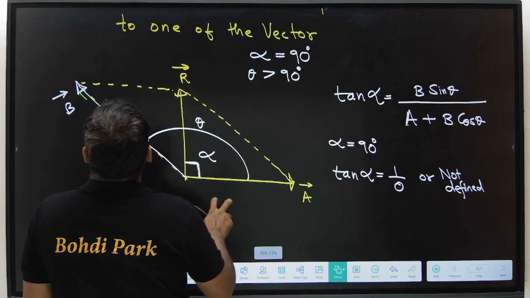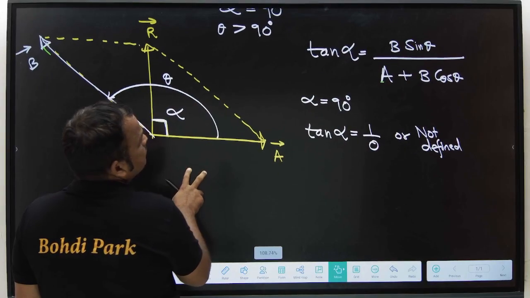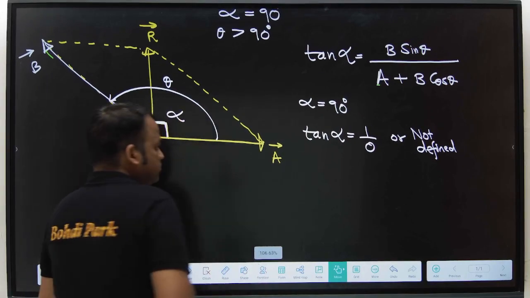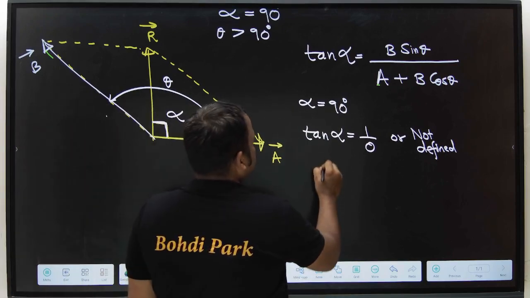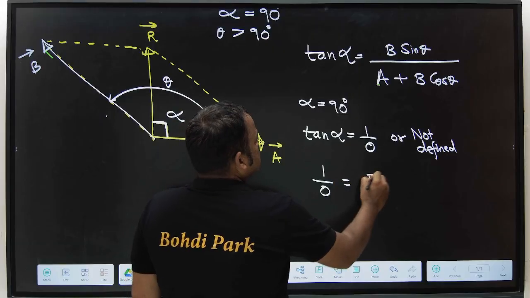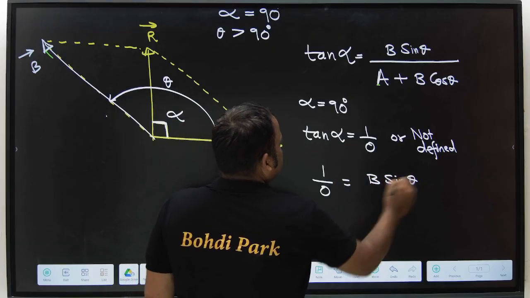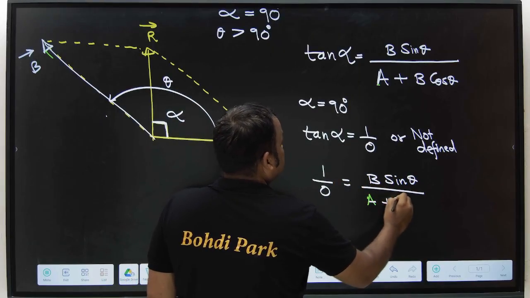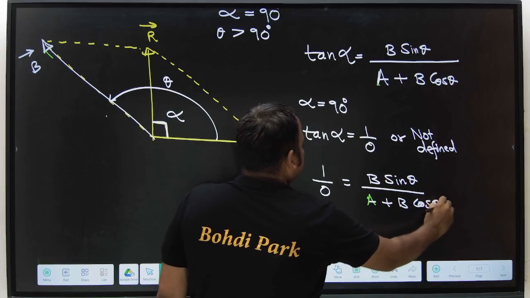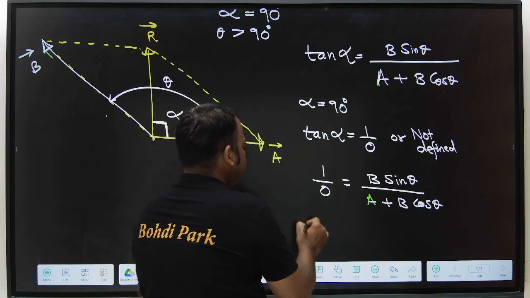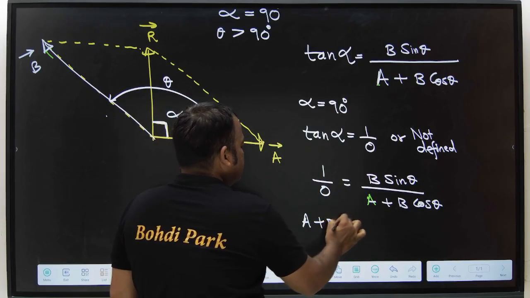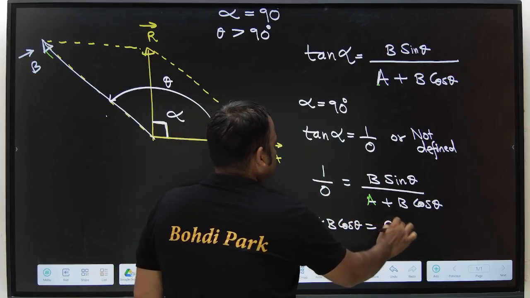Then we will get 1 by 0 is equal to b sine theta divided by a plus b cos theta. Then do cross multiplication. So a plus b cos theta is equal to 0.